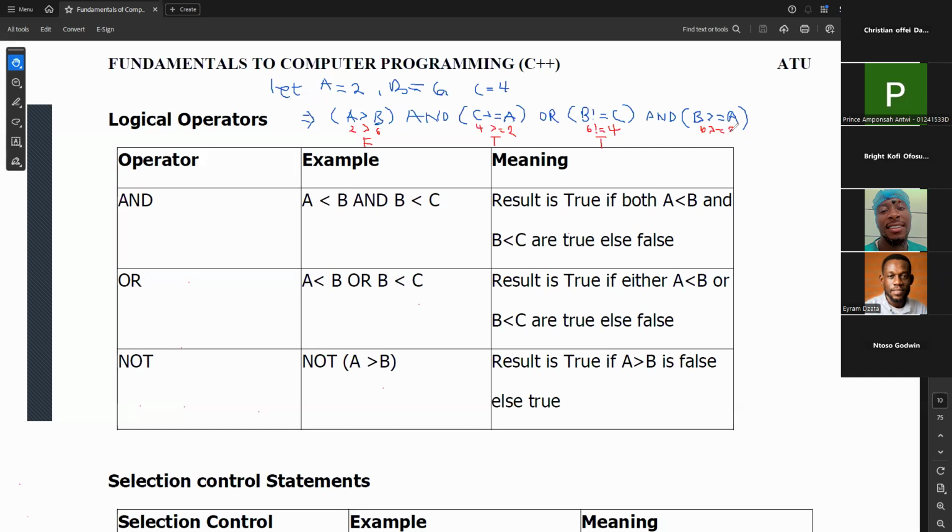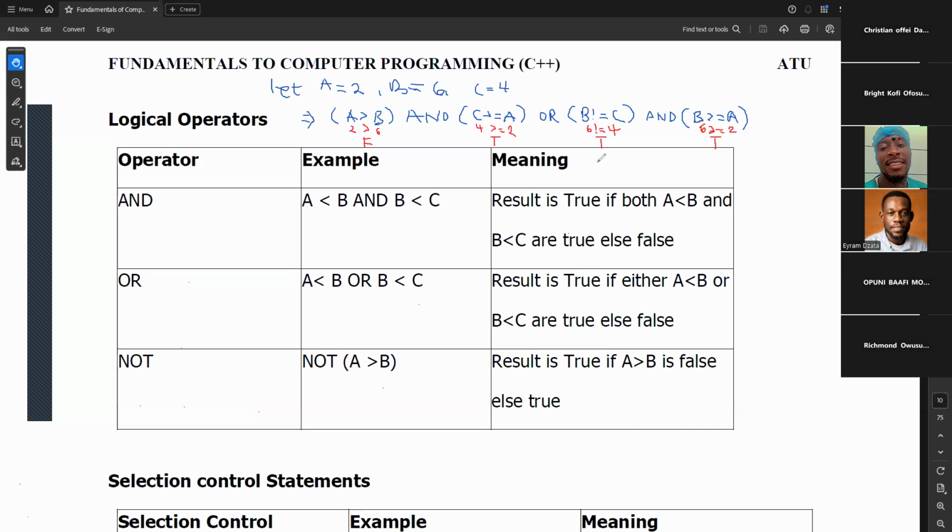So what does that give us? False. Are you sure? Please, are you sure? It's true, sir. One of them is true. So it's true.